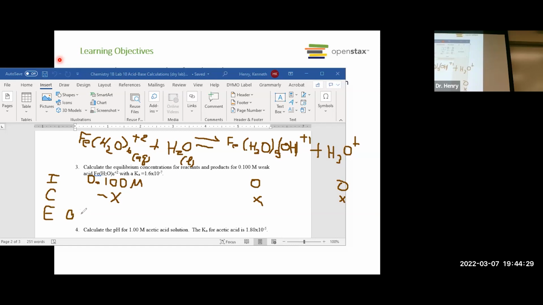So this is 0.10 minus x. This guy is x. This guy is x. So our K is going to equal 1.6 times 10 to the minus.